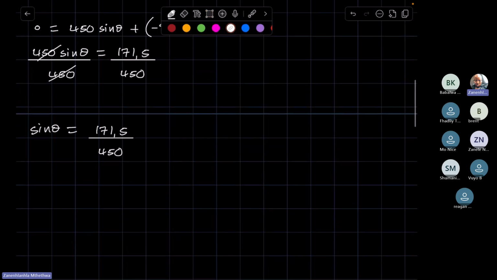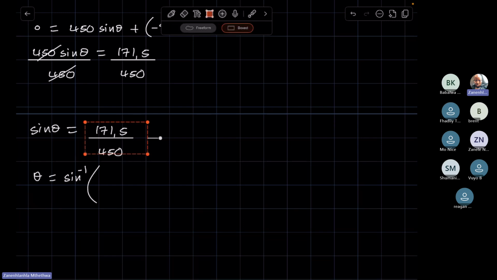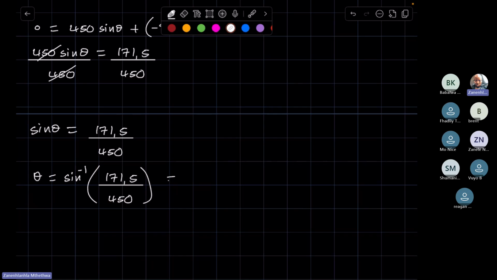And then to get theta, theta will be equal to arc sine of this, which is arc sine 0.229.